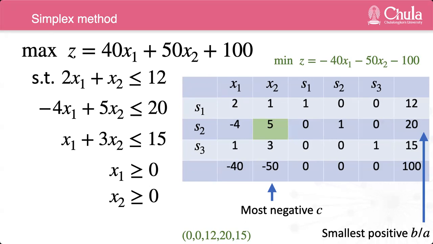But the problem is, if we introduce x2 as a basic variable, we have to get rid of one current basic variable, right? Currently, we have 3 basic variables: s1, s2, s3.